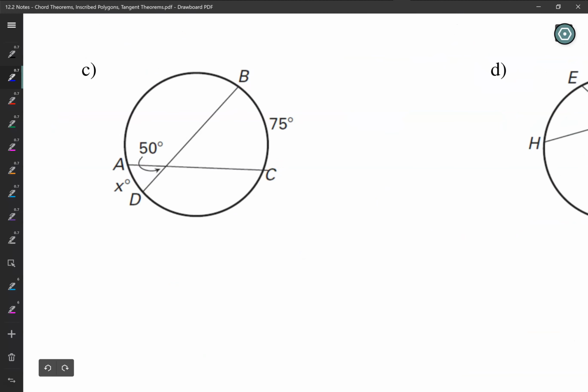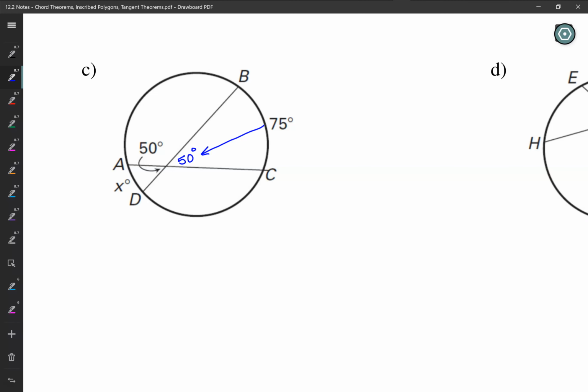So if I have something like this, I'm told that this arc is 75 degrees and the two middle angles are 50 degrees. And I want to figure out what the other angle is, or the other arc is. So I want to think about, by adding or subtracting, how do I get from 75 to 50? Well, 75 minus 50 is 25.